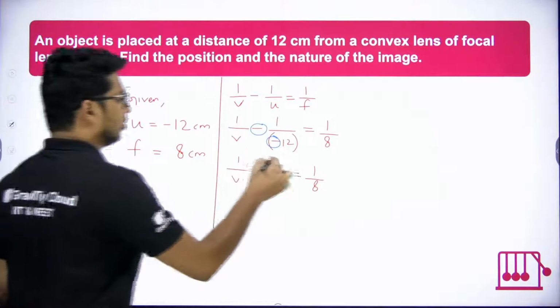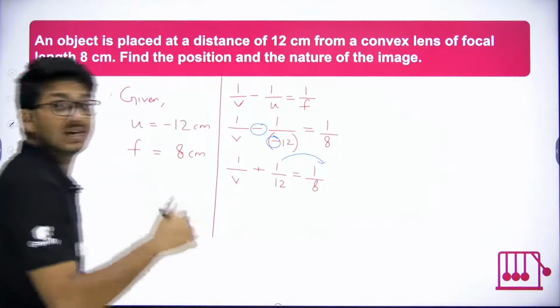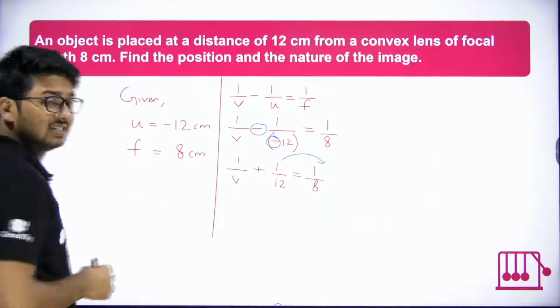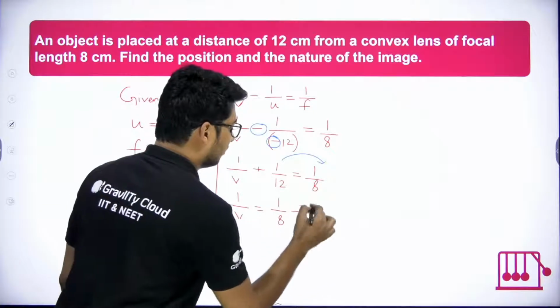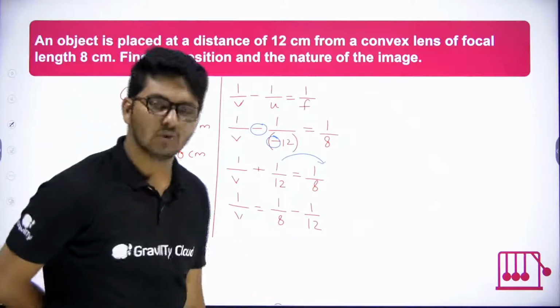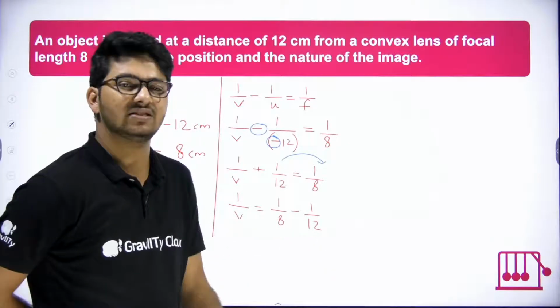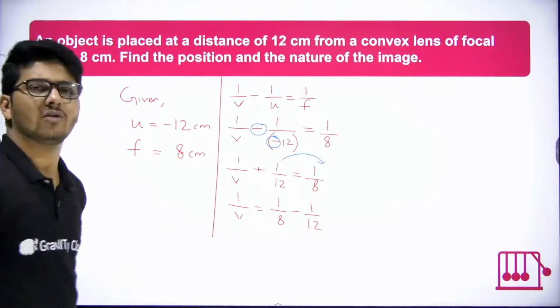Then 1 by 12 will go to the other side. Here it is addition. If it goes to the other side, it becomes subtraction. Yes? So 1 by v will become 1 by 8 minus 1 by 12. Now you have 8 and 12 in the denominators. What will the LCM be? 8 2s are 16, 8 3s are 24. 24 will be the LCM.